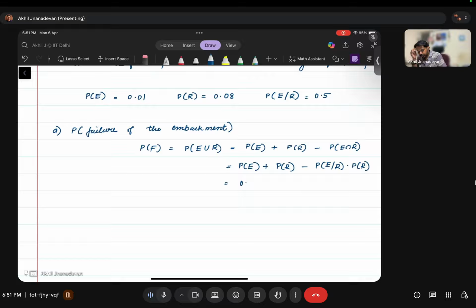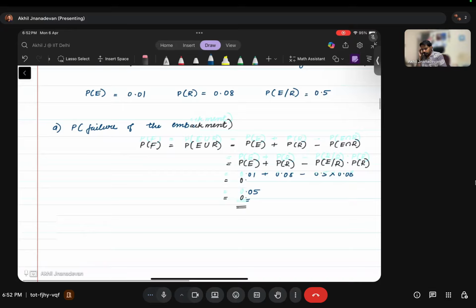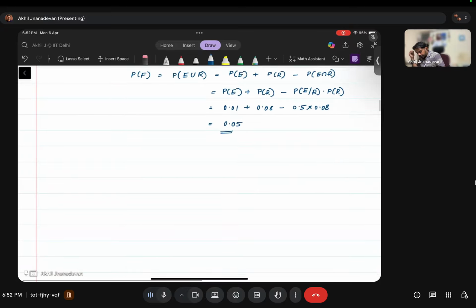P of E is 0.01, P of R is 0.08, minus P of E given R, which is 0.5, and P of R, 0.08. So this will come to around 0.05. So this is the probability of failure of the embankment. It can be either due to failure by excess upstream flow or due to excess rainfall. Now we can go to the D part.